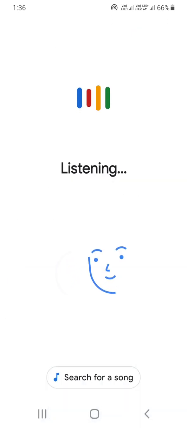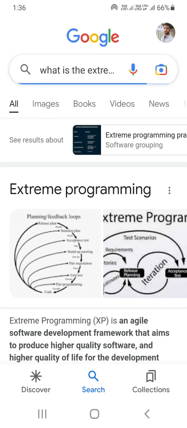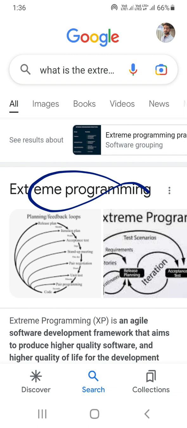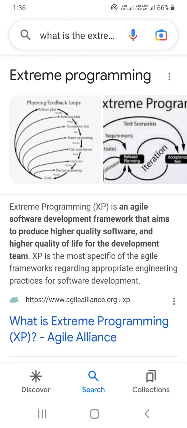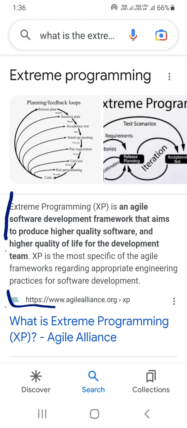Now understand extreme programming. What is extreme programming? According to Agile Alliance, extreme programming is an agile software development framework that aims to produce higher quality software and a higher quality of life for the development team. It is a framework that provides higher quality software and a higher quality development cycle.